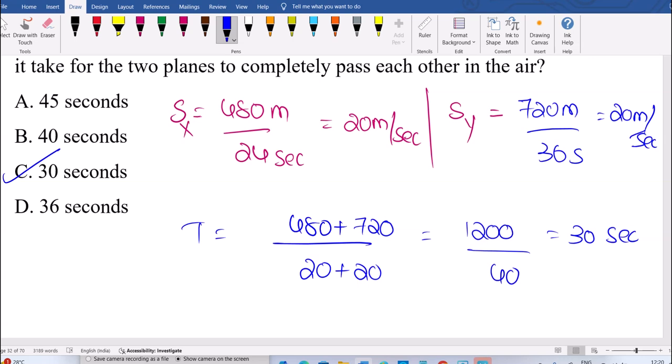That length also should be considered. Previously I took only 480 as the distance because the pole length or radio tower length is negligible compared to the train or plane length. Now, 30 seconds. This is simple. They can say train X crossing a pole, train Y crossing a pole. Now both are crossing each other.